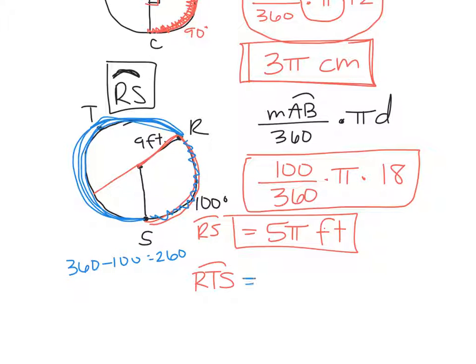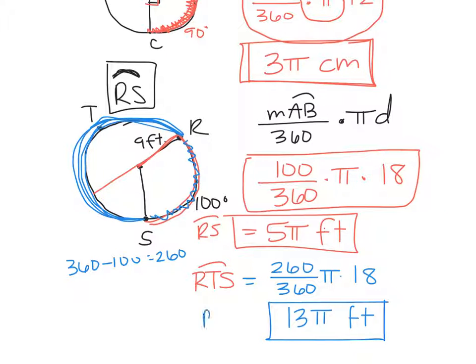So for RTS, you're going to go 260 over 360 times pi times the diameter. So if you plug that one in, you would get 13 pi feet. Okay? Questions on that?